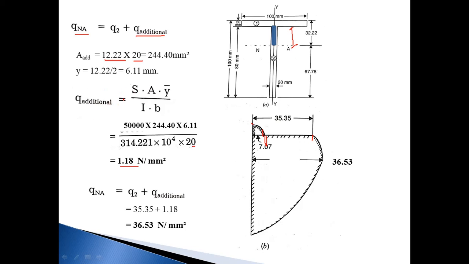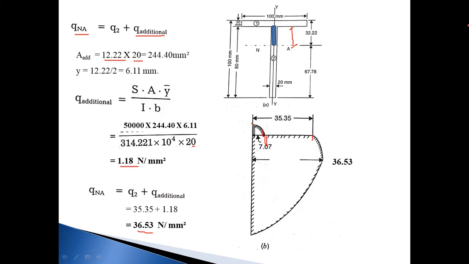So we got Q additional, and Q neutral axis, QNA or Qmax, is equal to Q2 plus Q additional. We know Q2 is 35.35, and Q additional is 1.18 Newton per mm square. Adding 35.35 plus 1.18, we get 36.53 Newton per mm square. This is the QNA.